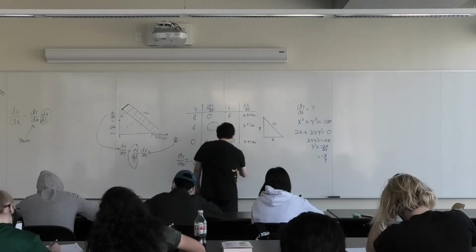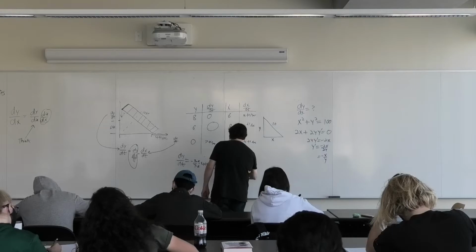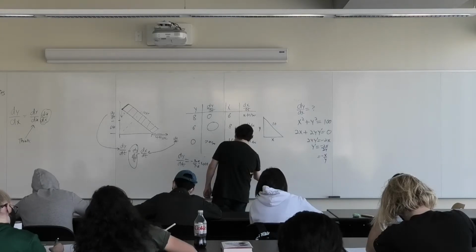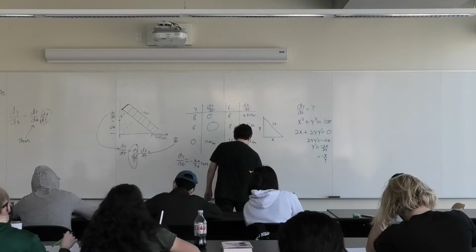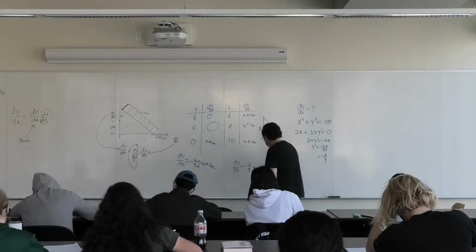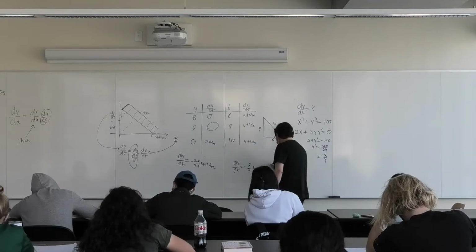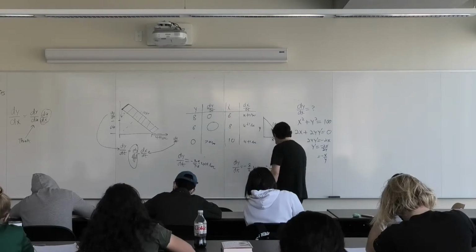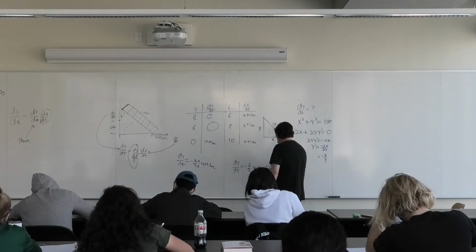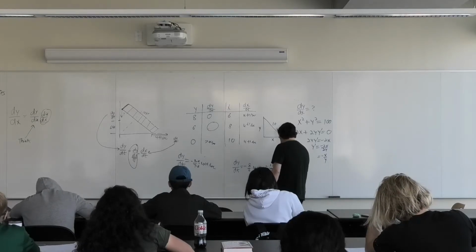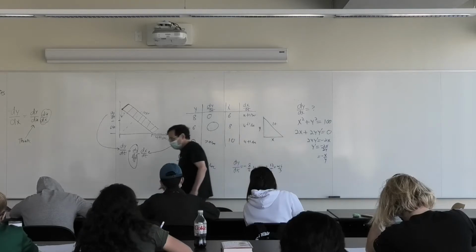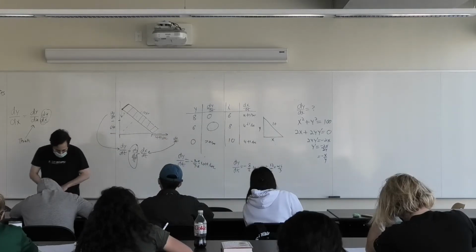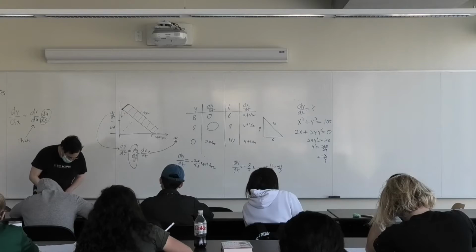All right, so dy dt is negative 8 over 6 times 4 is 32, negative 32 over, that's the right answer, negative 16 over 3. Anyone want to think about, no, it's the wrong answer.